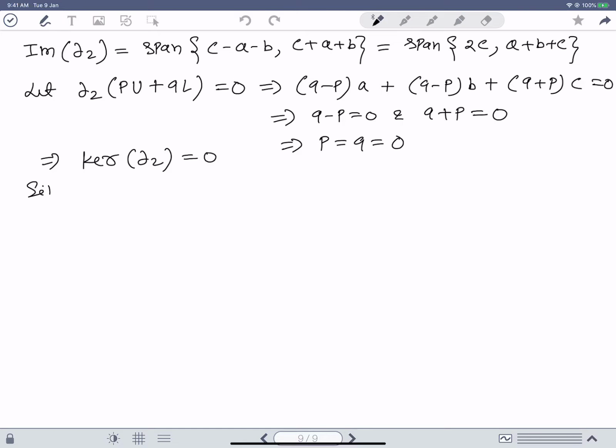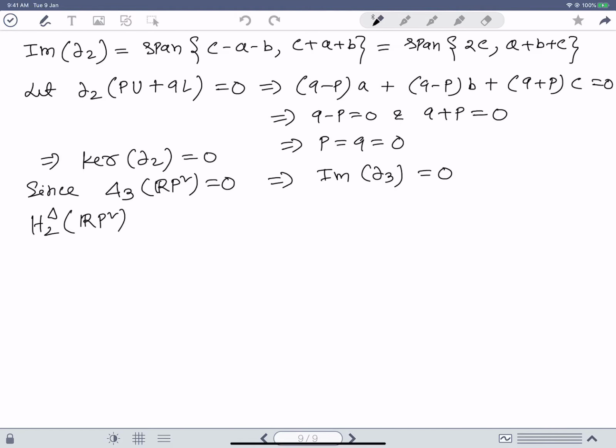Now again, since ∂3 of RP2 is 0, that will imply image of ∂3 is also 0, right? So H2 of RP2 will be kernel of ∂2 quotient with image of ∂3, that is 0 quotient with 0, that is equal to the 0 group, right?